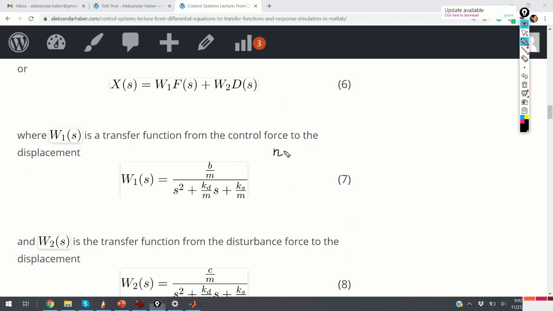So the numerator in this case will be b over m, and the expression in the denominator will be 1, kd over m, and ks over m.